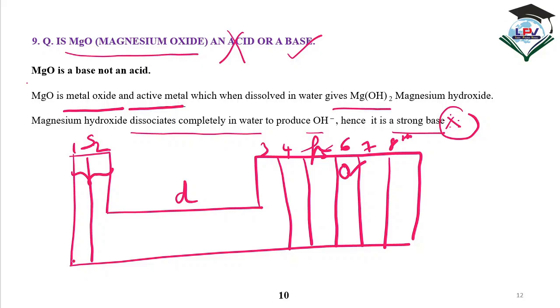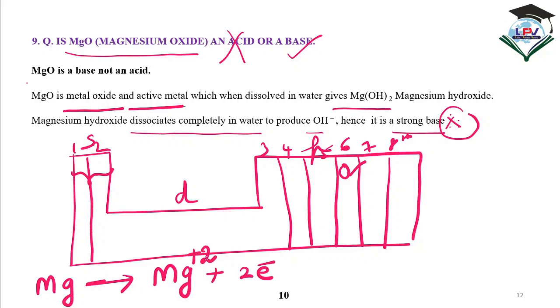Let's try to understand why it is so. In magnesium oxide, the magnesium tries to give away its 2 electrons and become a positive ion.